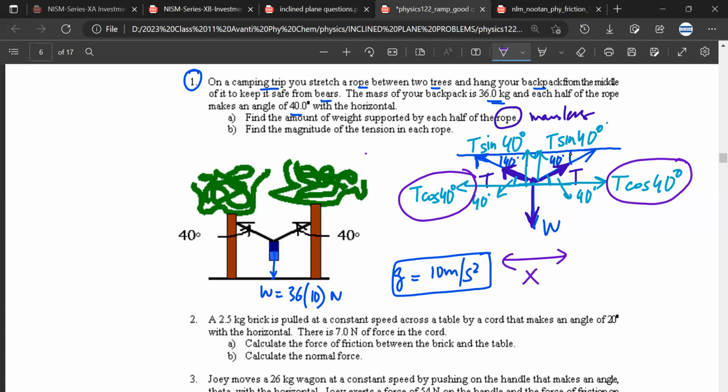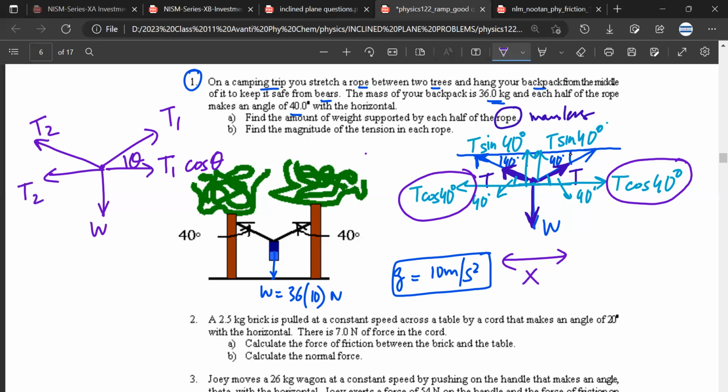Now, just for a moment, imagine that you would have drawn a figure like this, that this is T1, this is T2, this is T1 cos theta, and this is T2 cos theta.